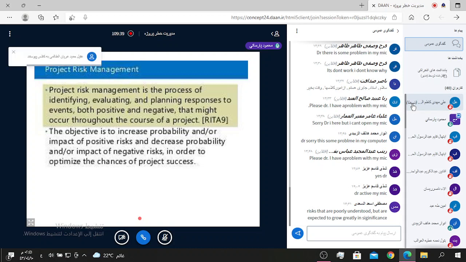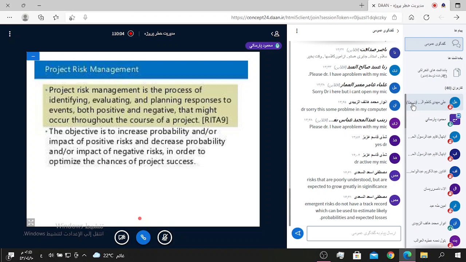So, project risk management is the process or procedure of these steps: identifying, the first step; evaluating, which is qualitative evaluating and quantitative evaluating, two steps we will discuss; and after that, planning responses to risks, both positive and negative, or uncertainties or events that might occur during the course of a project.